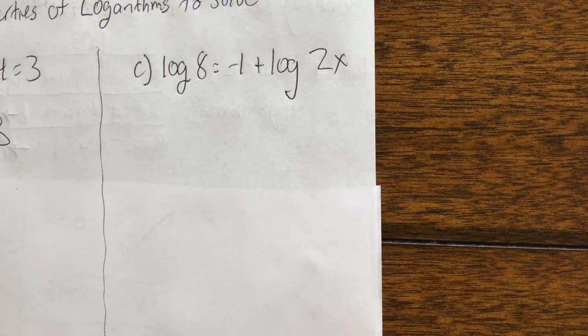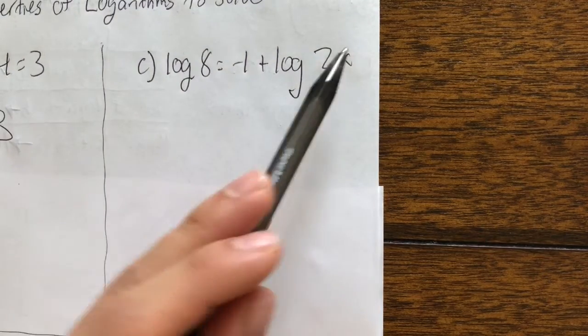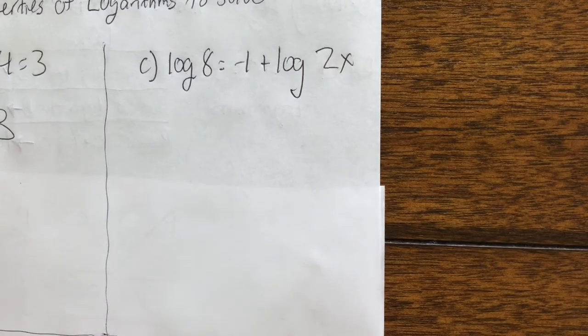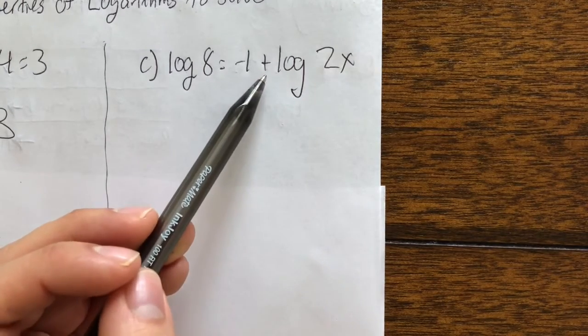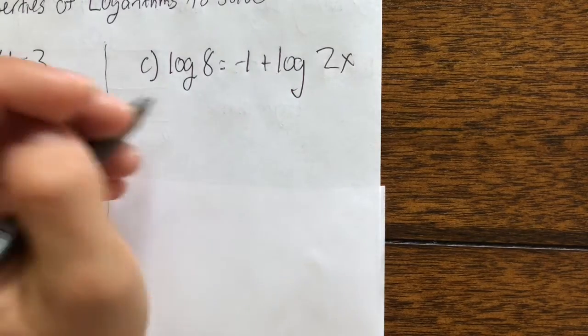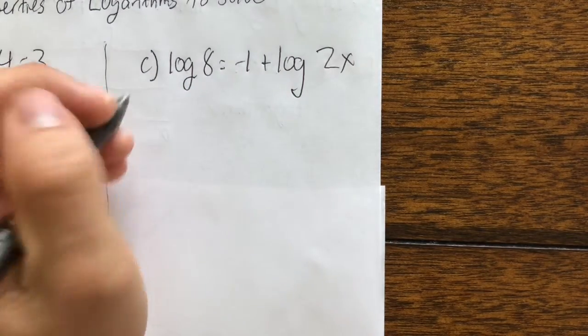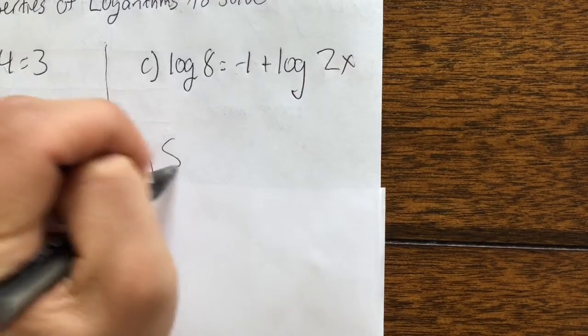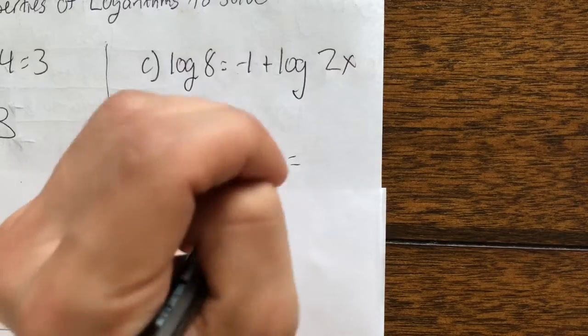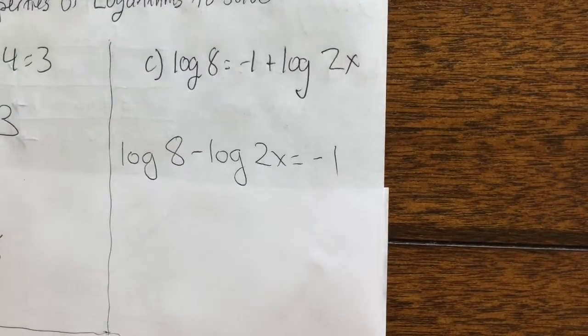I can move log 2x to the other side. If I'm moving it, the sign is going to change from positive to negative. So I can subtract both sides by log 2x. I'm going to get log of 8 minus log of 2x equals -1.